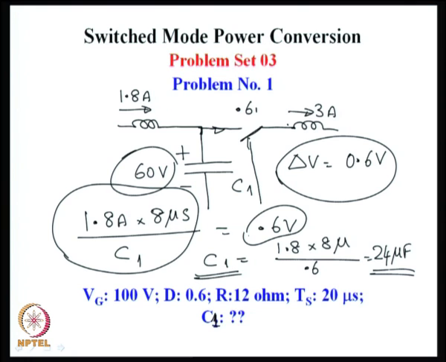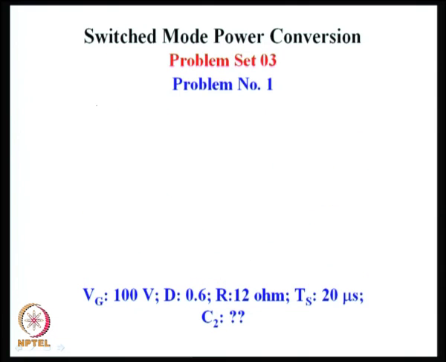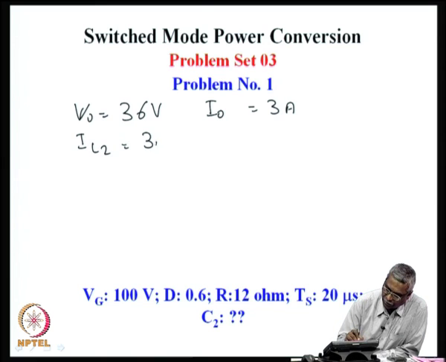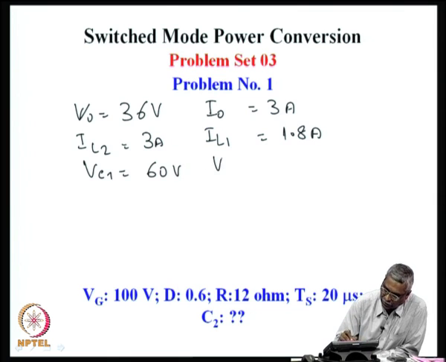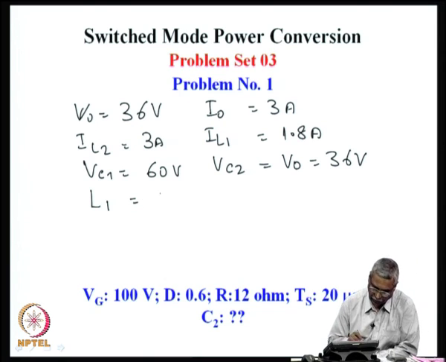So, in this particular example, we can now put all these things together and say that our V0 is 36 volts, I0 is 3 amperes, IL2 is 3 amperes, IL1 is 1.8 amperes, VC1 is 60 volts, VC2 is the same as V0, which is 36 volts, and then L1, how much did we find?